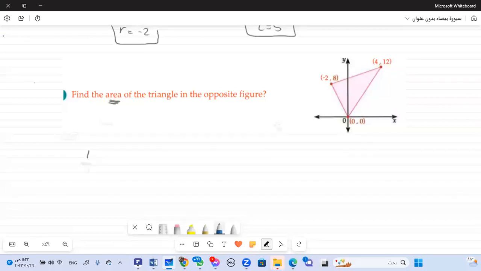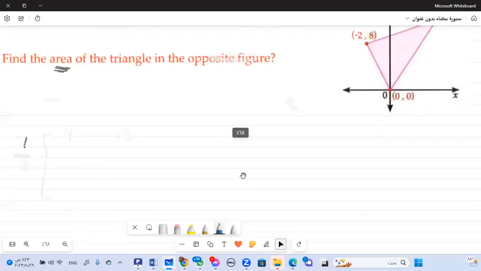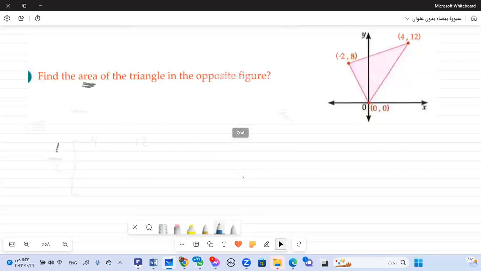Half, 4 12. You can see the numbers: 4 12 and negative 2 8 and 0 0.